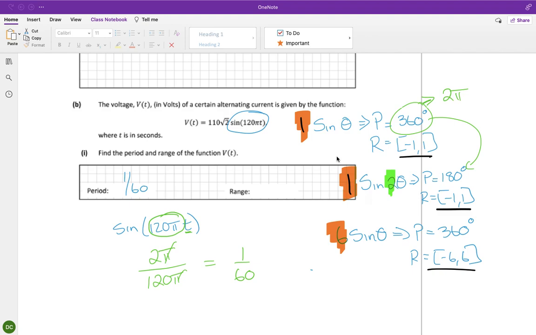And the range then, just like I did on the other side, basically whatever's there in the orange is the range. So it's going to go from -110 root 2 up to 110 root 2. Again, I don't even know what those numbers are. 110 root 2 apparently is 155.6. So from -155.6 to plus 155.6. Yeah?